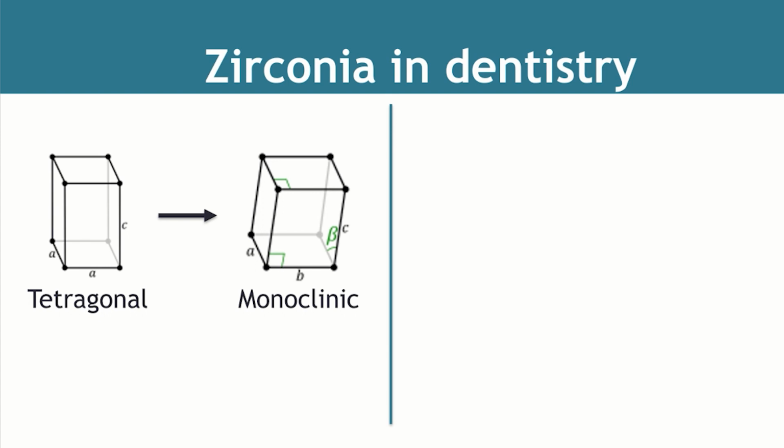We have the A-axis equal to the B-axis with a slightly longer C-axis. When we transition to the monoclinic structure, we get a structure which is slightly tilted, and the sides of A and B are no longer equal.